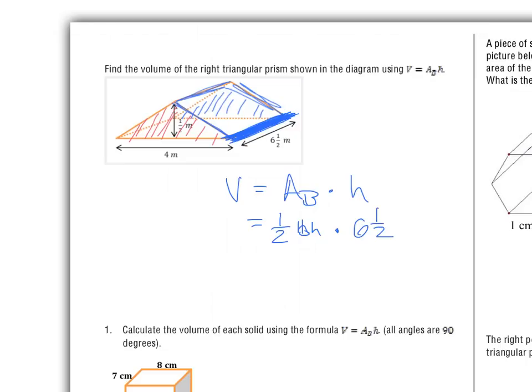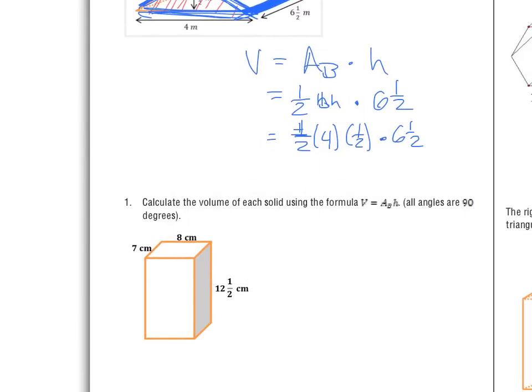So the base and height of just our triangle, so I'm looking at just my triangle now, is equal to 1/2 of the base, which is 4, and the height is 1/2, times there are 6.5 layers of this.